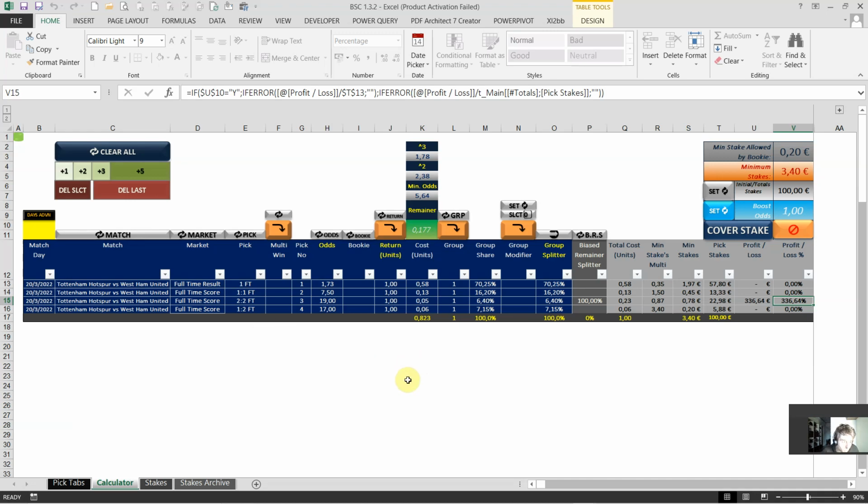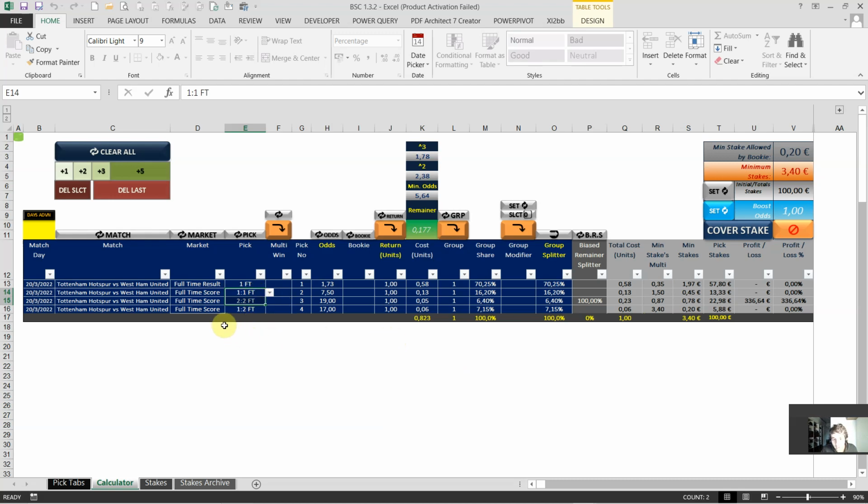Now the next option would be to focus on a group of selections. If you strongly believe in the draw scenario, and if you agree with my 2 big decisions, Tottenham to score at least 1 goal, West Ham not scoring 3 or more goals, it means that the draw scenario would be covered on these two selections.